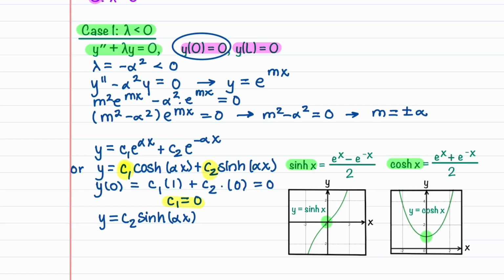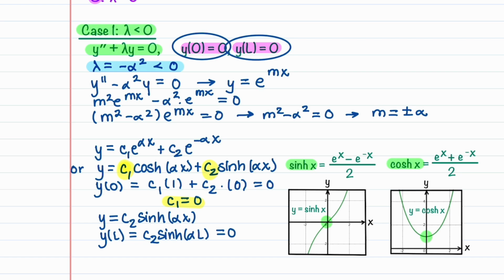Now we can find C2. We'll use our other boundary condition to do that. And that says that y of L is 0, so we're going to let x be equal to L. This is C2 sinh alpha times L, and that's equal to 0. Let's look back up at the top. We have that lambda is equal to minus alpha squared, and that's less than 0.